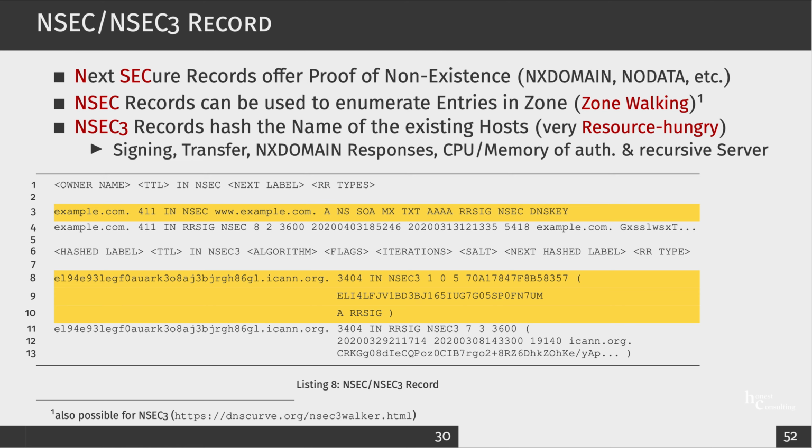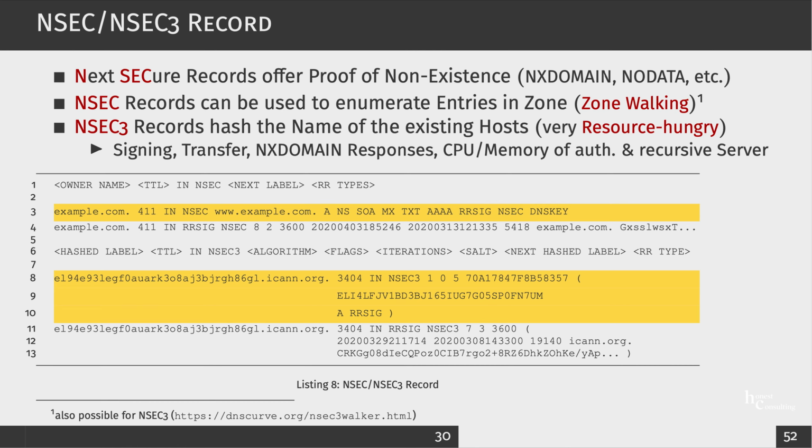It's quite easy to provide an answer in DNS for something that exists. And in standard DNS infrastructures, it's also easy to provide an answer that something doesn't exist. But if we start to sign our DNS zone, we have to ensure that even such a negative answer is signed as well.